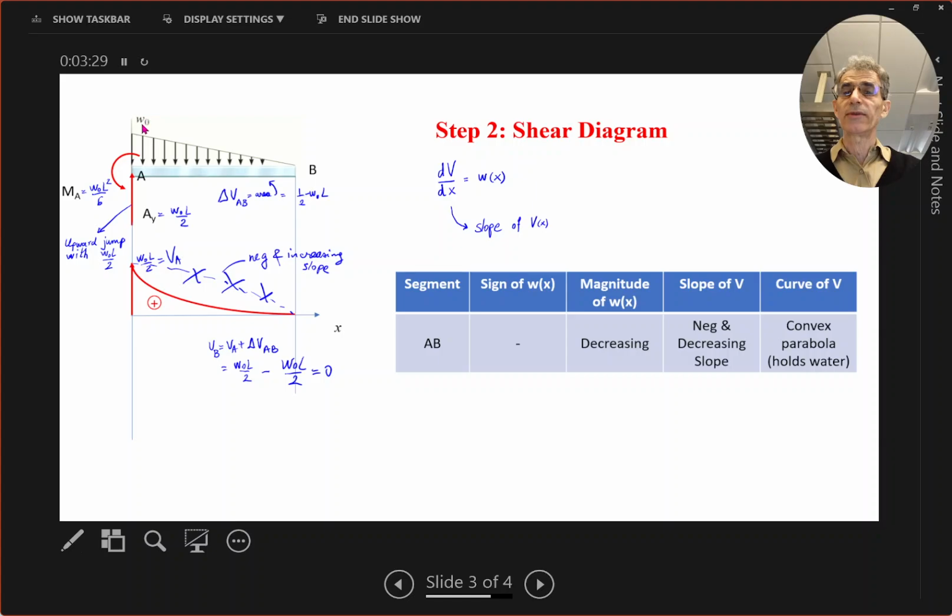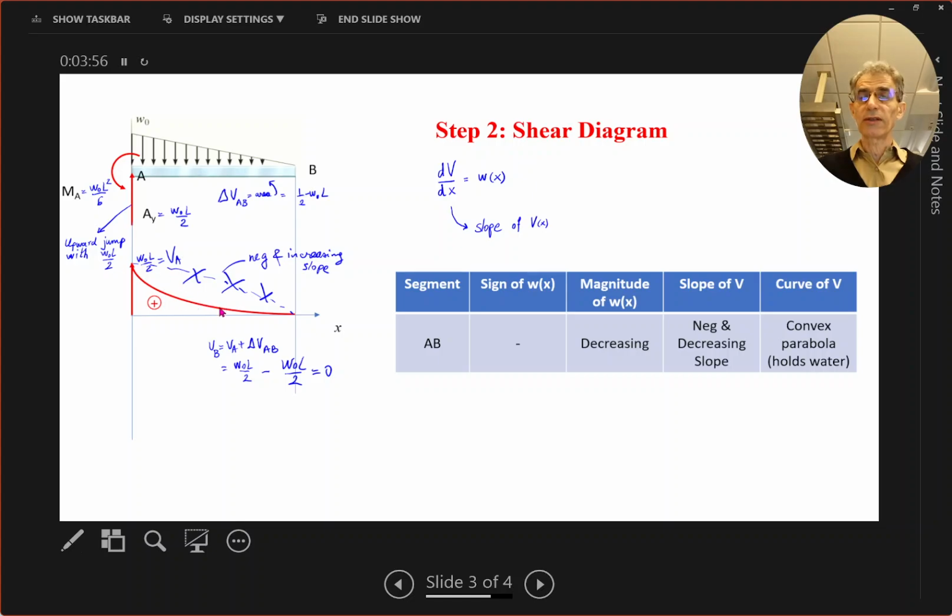It has a W naught value there, which is different than 0. Then as we move forward there, the slope of that curve will keep increasing, which is not our case. So that concave parabola is not good here for this situation.